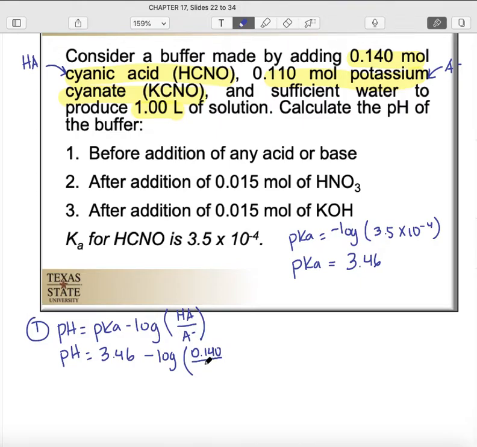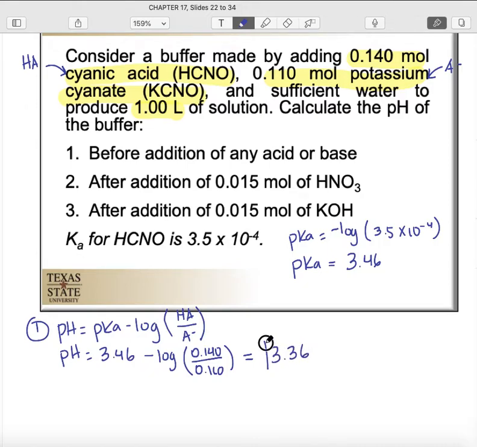You don't have to convert to molarities at all because both substances are together in the same volume, and so the volume ultimately will cancel away. For my cyanate ion, I have 0.11. So here we go, 0.110. And that gives me a pH which is equal to 3.36.